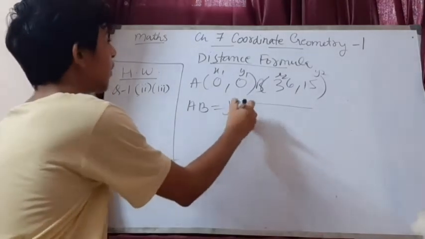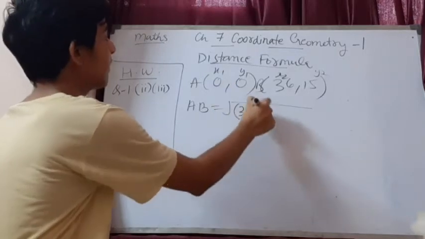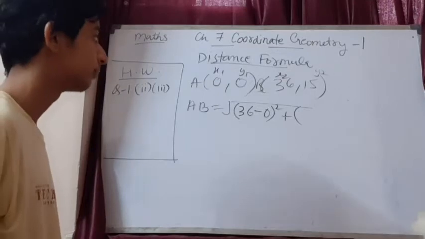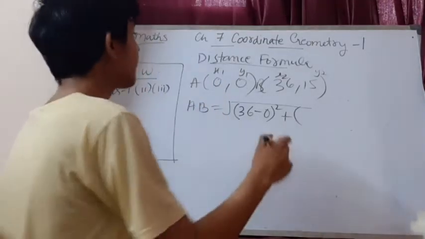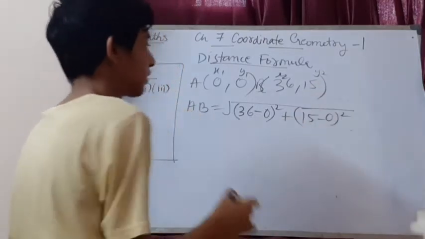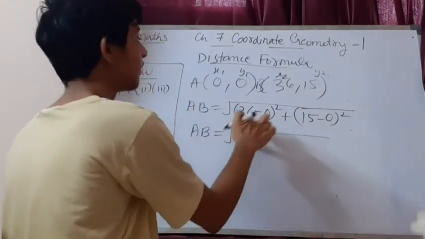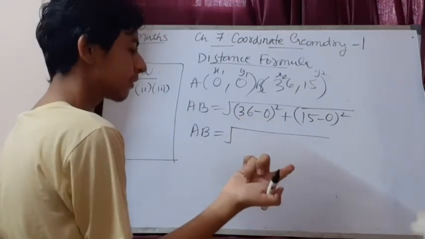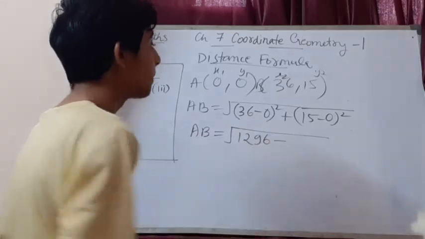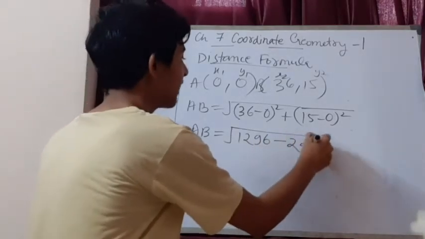Okay, so your x2 is nothing but 36, x1 is 0, whole square, plus your y2 is given to you, that is 15 minus 0 whole square. So AB will be equal to the square root of 36 minus 0, that is 36 square, which is 1296, and 15 square is 225.